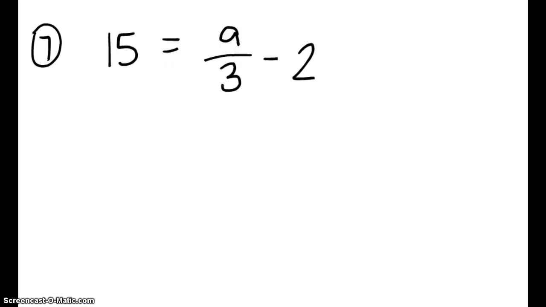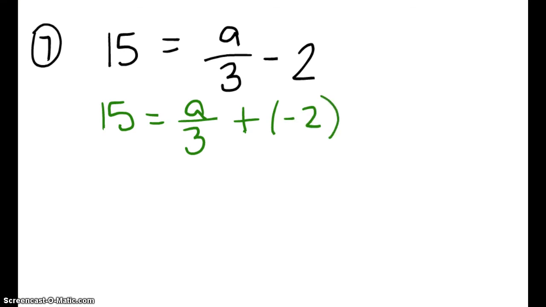All right, next one. So let's rewrite it as 15 equals a/3 plus -2. So now I'm going to add 2 to both sides. So I'm going to write 17 equals a divided by 3.